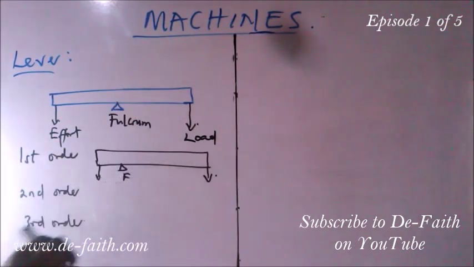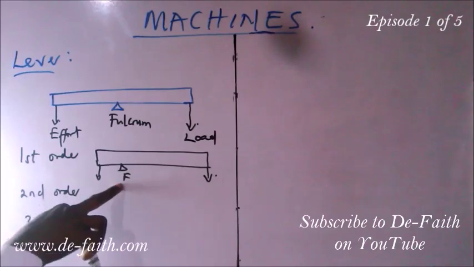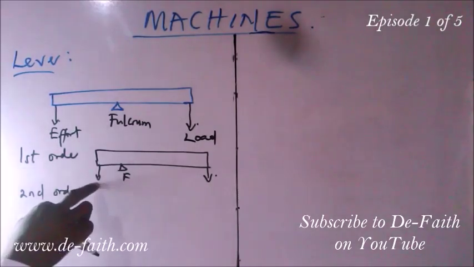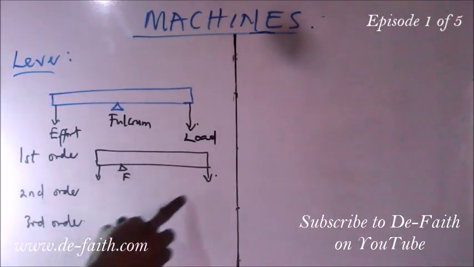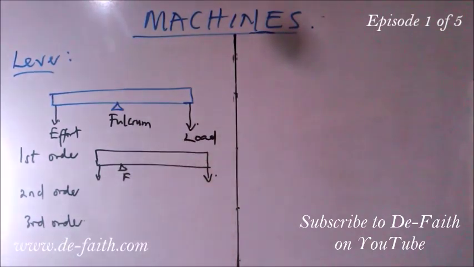So if the fulcrum is adjusted towards this side, we will find out that we would not need so much effort to lift a heavy load. So it is all about adjusting the fulcrum in order to achieve a mechanical advantage and a higher efficiency.